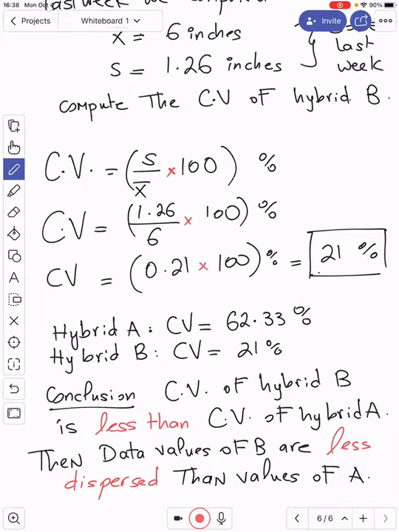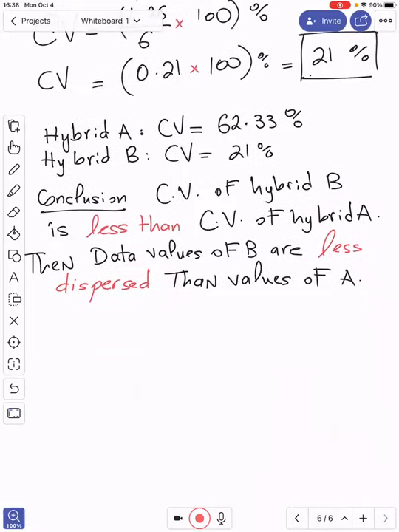All right, now next, guys. So next we're gonna discuss Chebyshev's theorem.